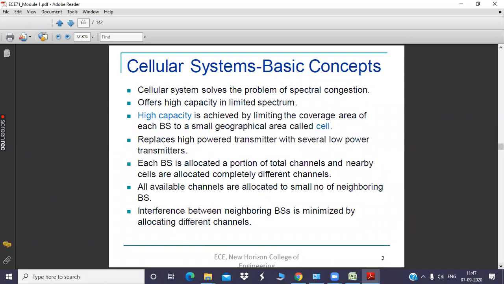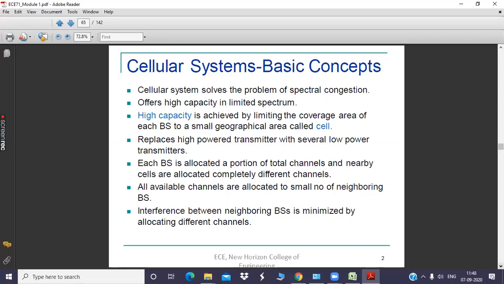What do you mean by cellular system? The cellular system is nothing but an idea of dividing the entire available geographical region into small cells, where each cell will contain a high power transmitting antenna that is implemented over a tower, which is surrounded by a number of subscribers.